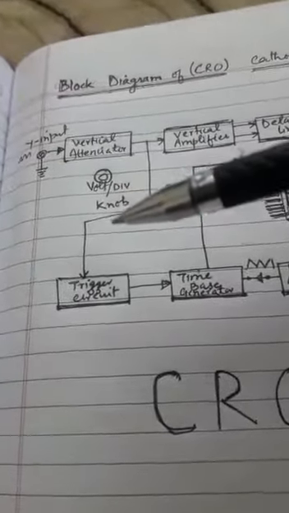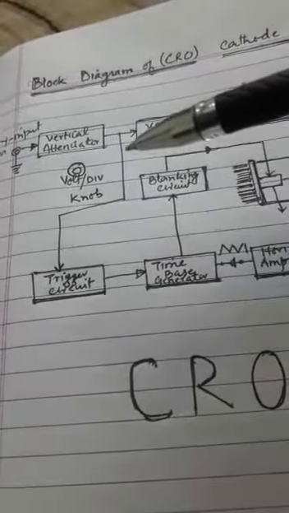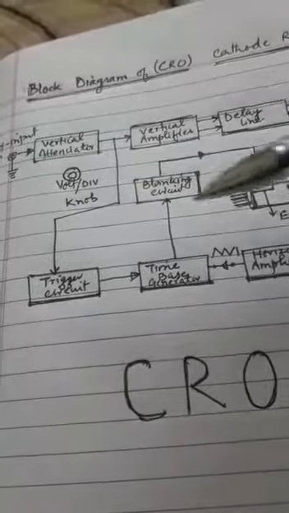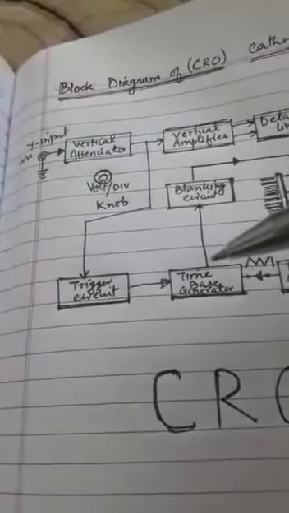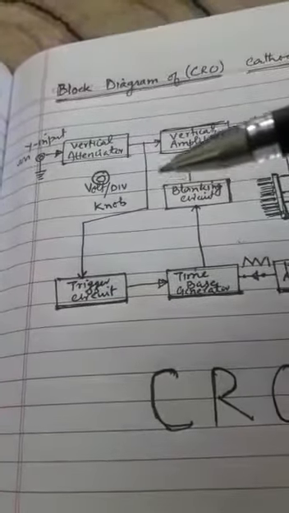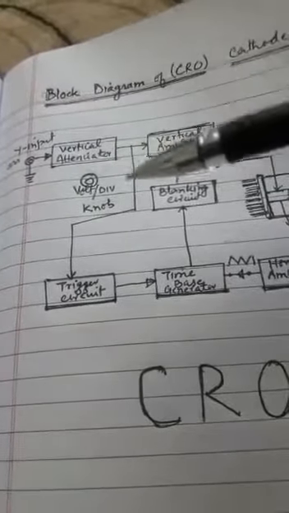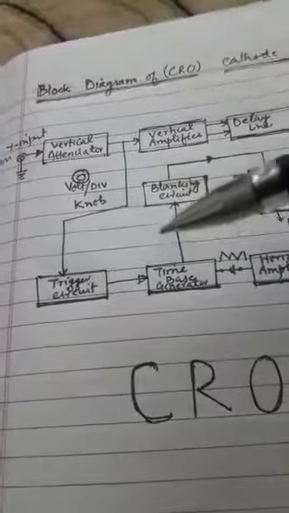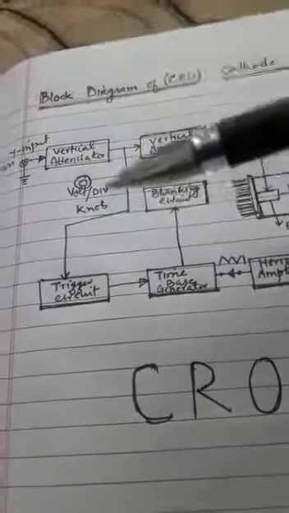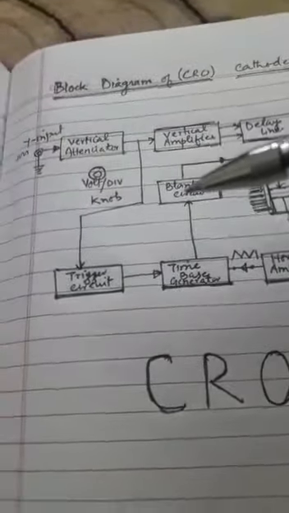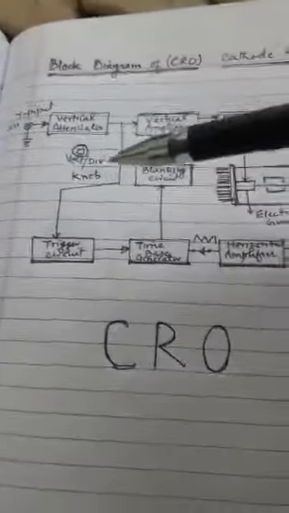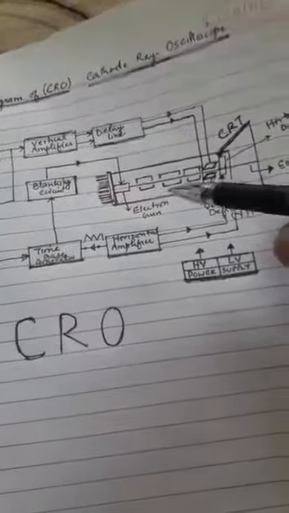I have discussed separately all the parts, all the sections of this block diagram, and in the next lecture I will discuss every part of this block diagram separately, with a complete description and definitions. Today, remember that the CRT is the heart of this cathode ray oscilloscope.